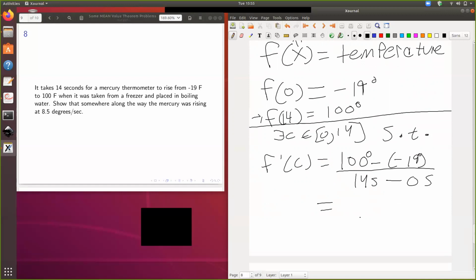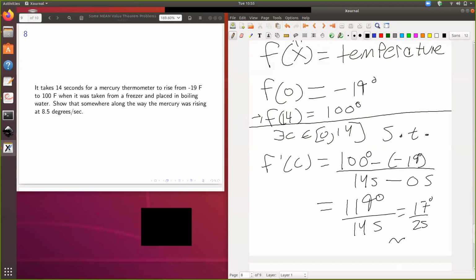Then what do we get? We get 119 over 14 seconds, which is going to simplify to 17 over 2 degrees per second. Just divide both sides by 7.